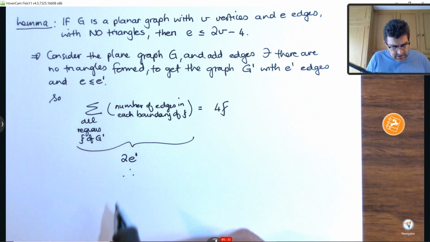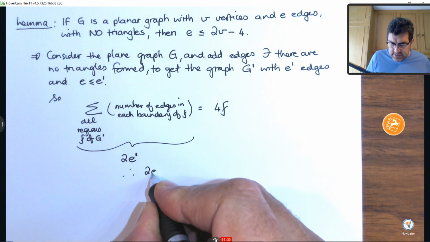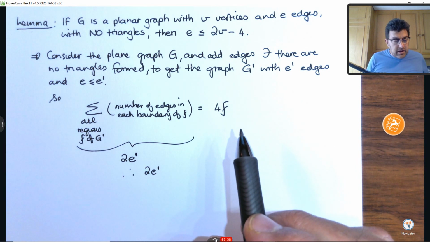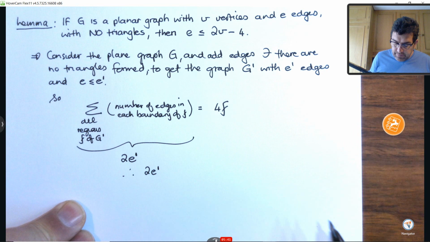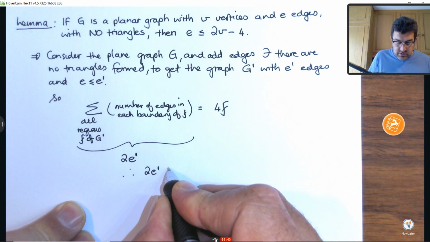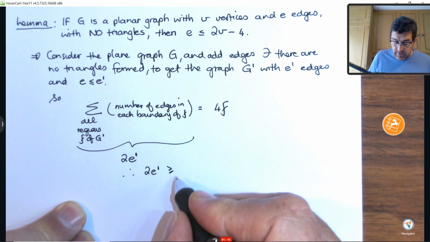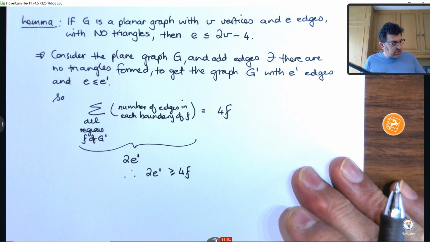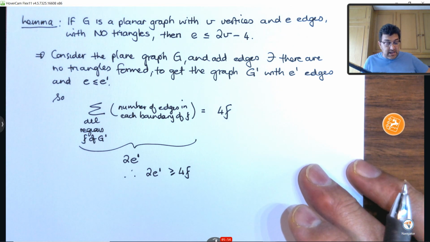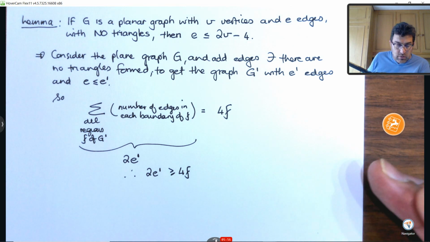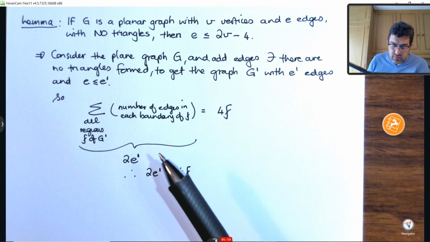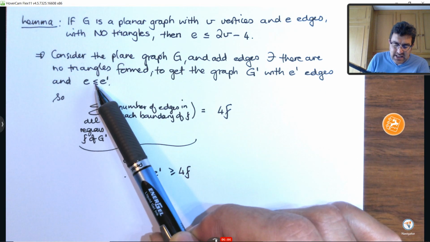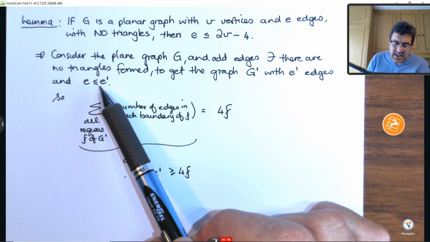Okay, so what do we notice? We notice that twice the number of new edges is bigger than or equal to 4 times the number of regions. Now, why is that the case? Because we had E edges, and we've added edges.